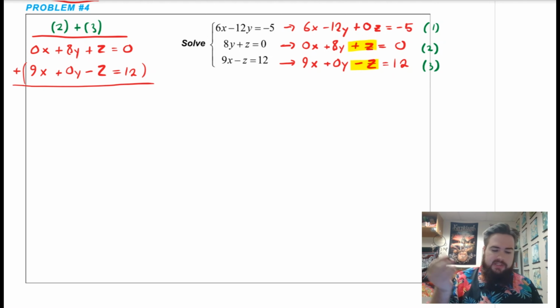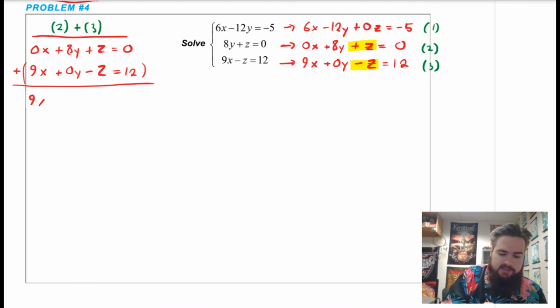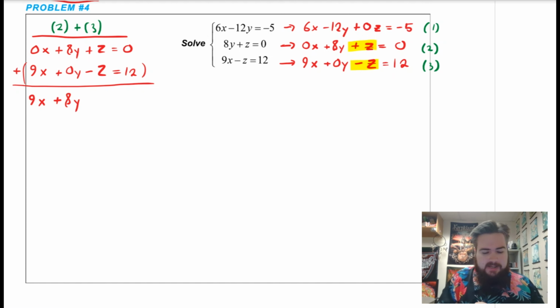If I add those together, 0x plus 9x is just 9x. 8y plus 0y is 8y. The z terms will cancel, z minus z. And then this will overall equal 0 plus 12, which is 12. I will label this as equation 4.